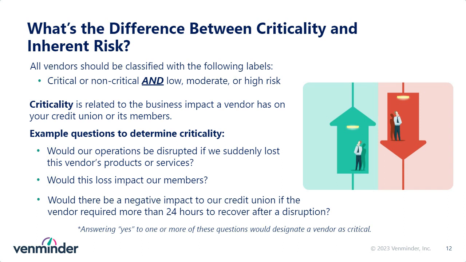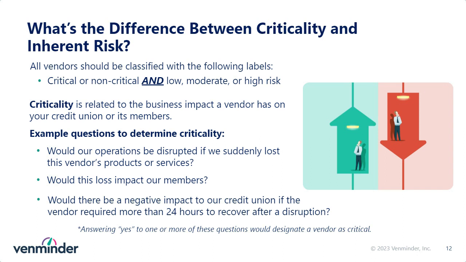On this slide, you'll see 3 example questions that can be used to determine whether a vendor is critical. If you answer yes to one or all 3, that's a good indication that the vendor should be considered critical. For example, a cleaning service provider that goes out of business or fails to show up and clean your building one day might be inconvenient, but it's probably not going to have a significant impact on your operations or members.